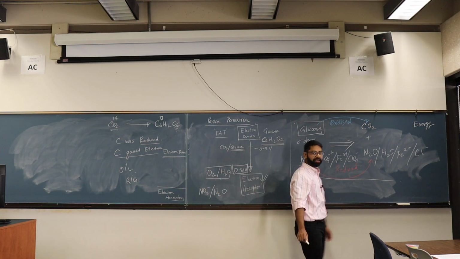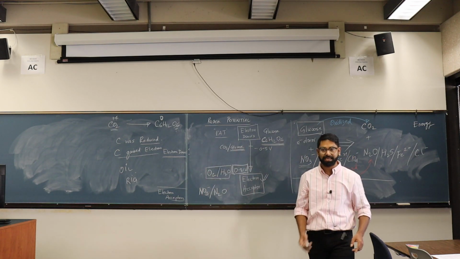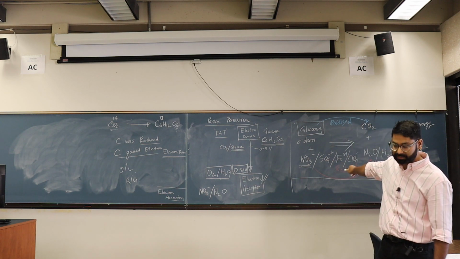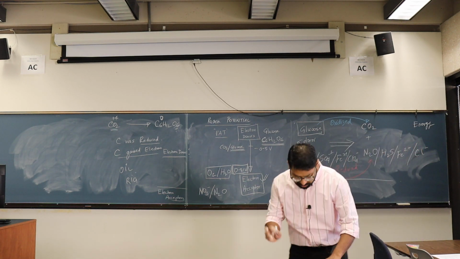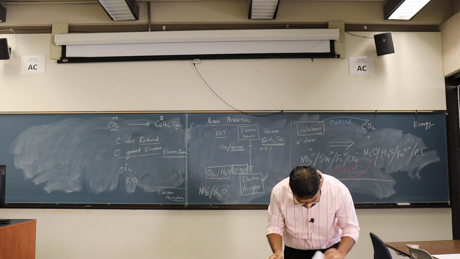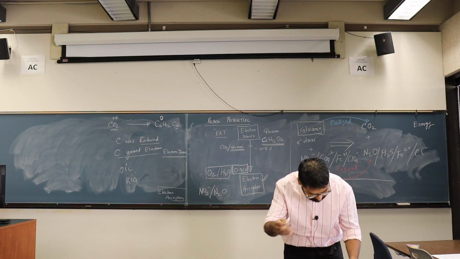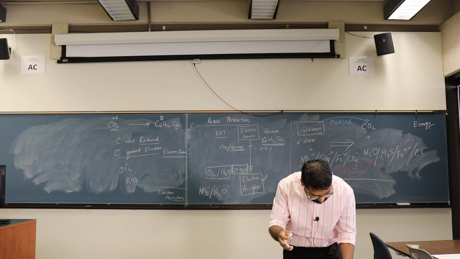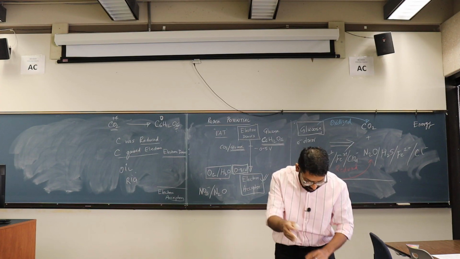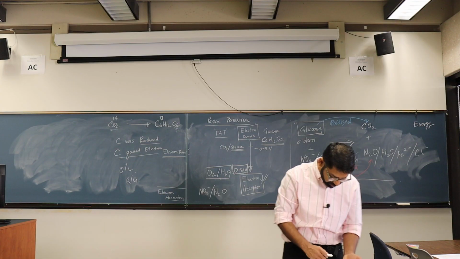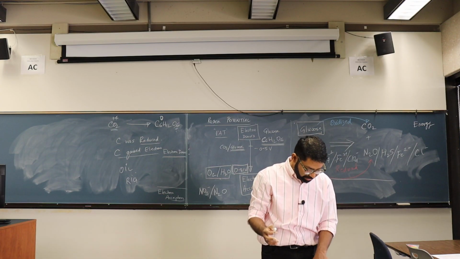Now, there are many microorganisms, bacteria, archaea, that can actually do these things. Okay? I will not go into a lot of detail about who can do this, because these are just names, and you can read that in chapter 6.7. The section is anaerobic respiration.